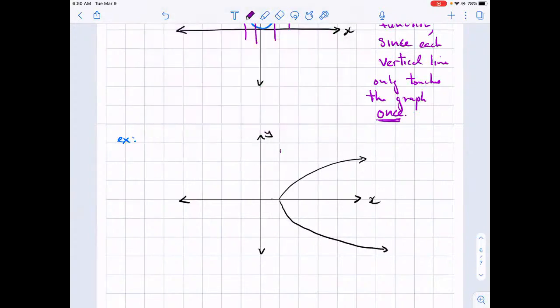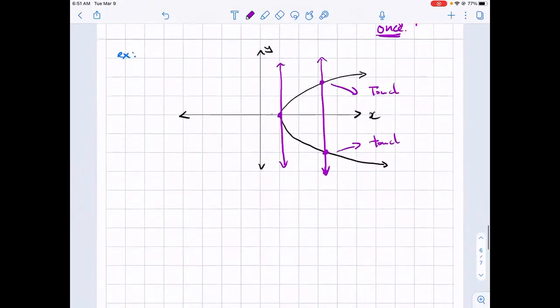Now, if I draw my first line, it only hits it once. But if I draw another line, it touches twice. So touch, and here, touch.